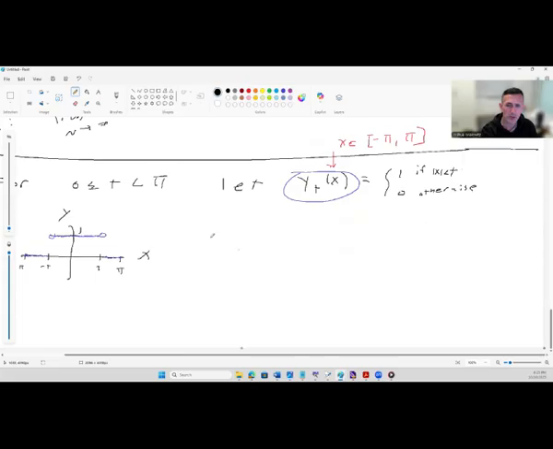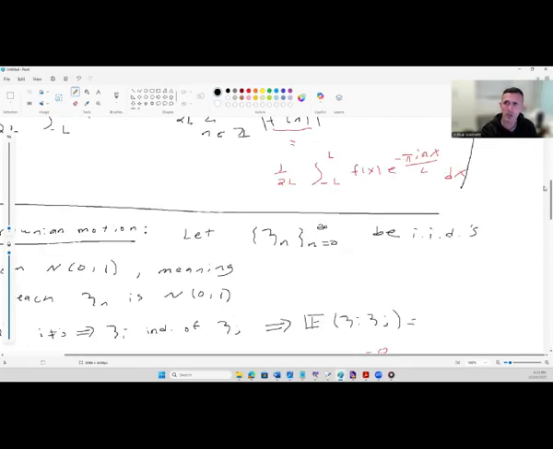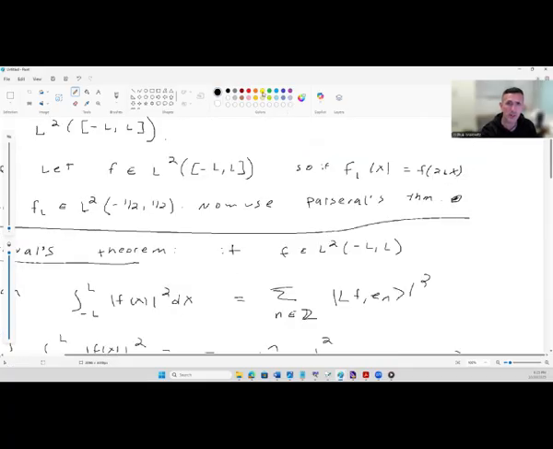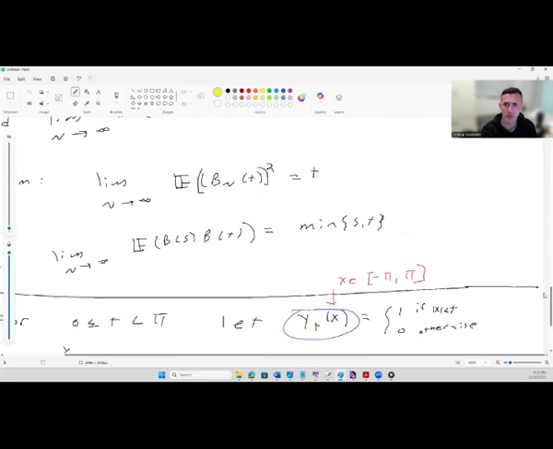So in particular, what I'm going to do is use this here with L equals pi. The Fourier coefficients are going to be very, very easy to compute.